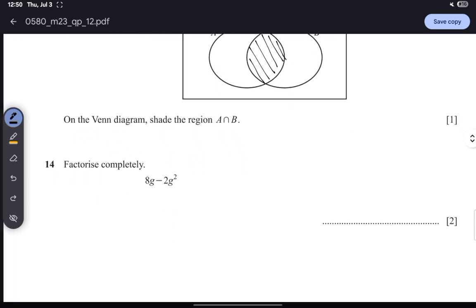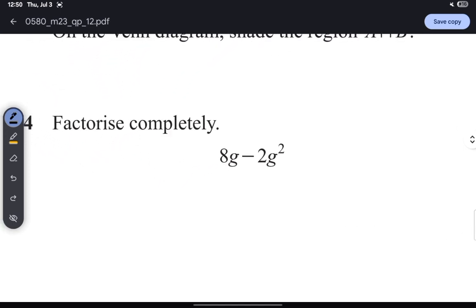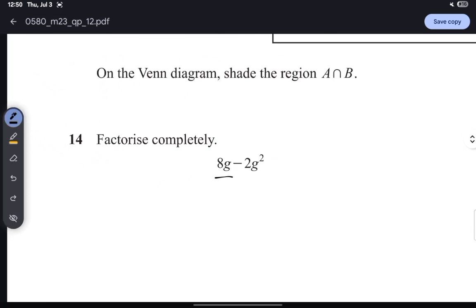Number 14 says factorize completely. So for us to factorize completely, we're looking at the two given terms and we're saying what's common to these terms. We see that 2 is common and G is also common. Then we open bracket.